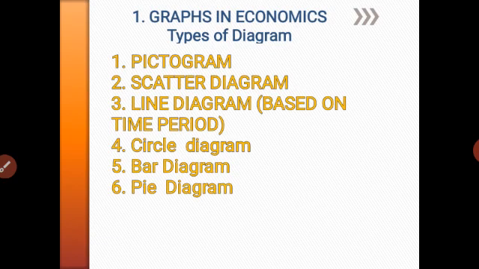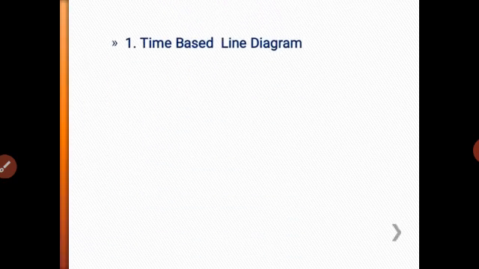In this section, we shall understand the time-based line diagram, bar diagram and pie diagram. It means from these six types of diagram, we learn only three types. So first we start with the time-based line diagram.